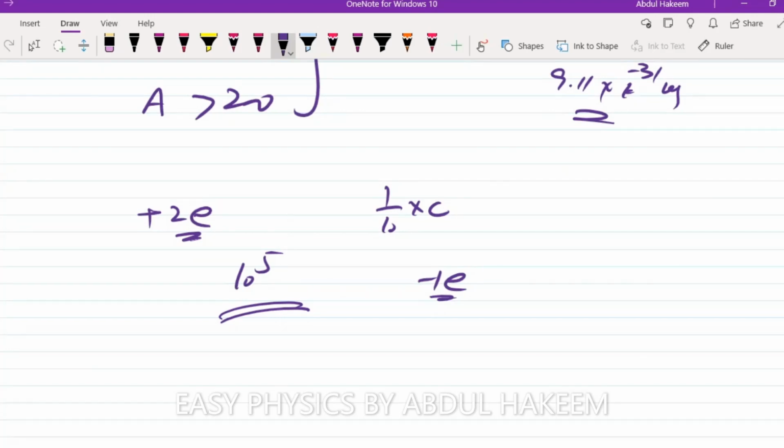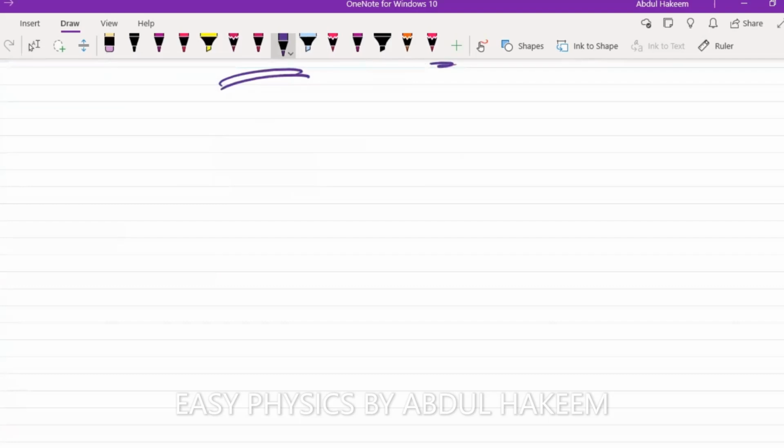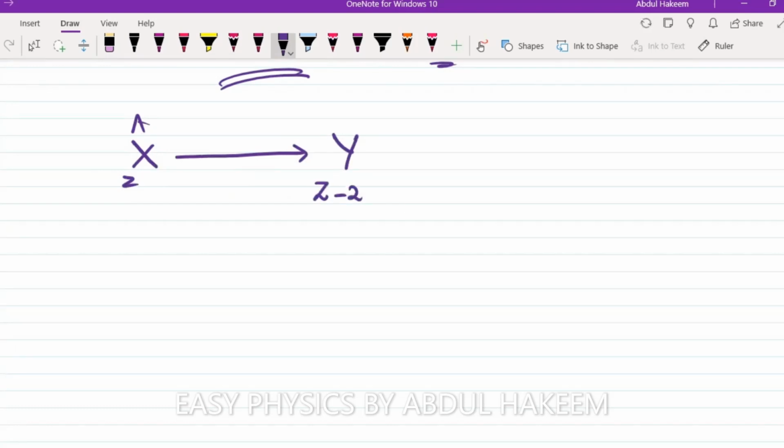But when alpha is emitted, a totally new element is formed. Proton number decreases by 2, mass number by 4, because alpha is 2, 4, along with energy.